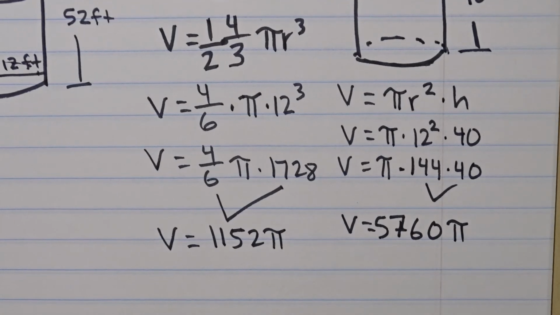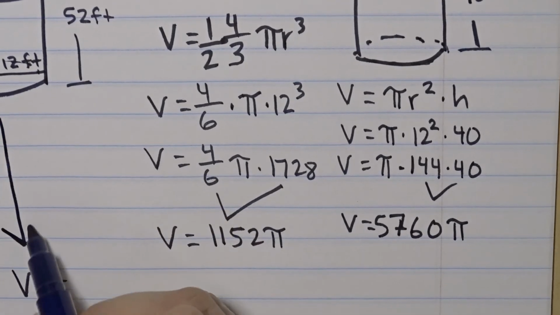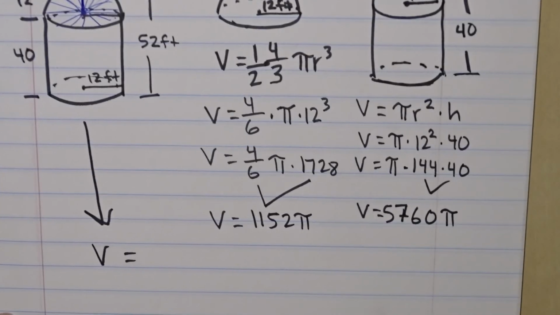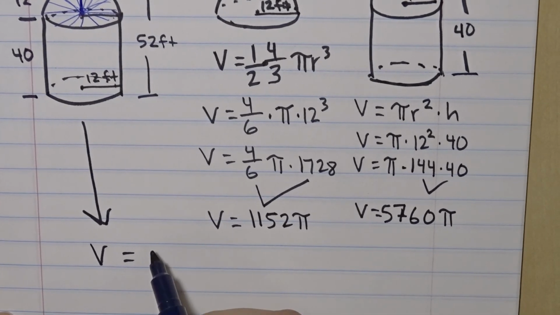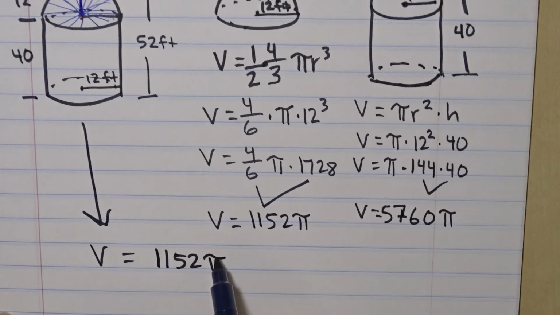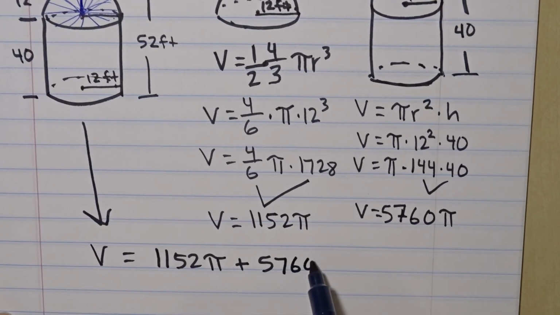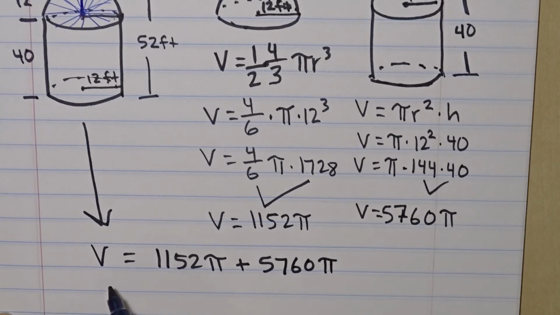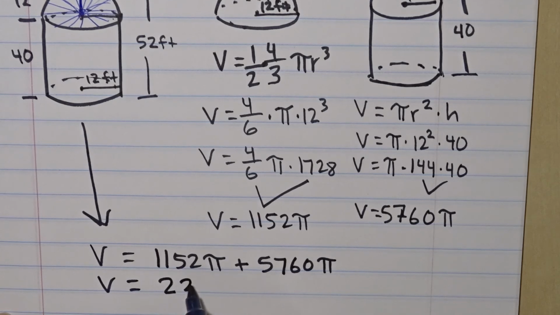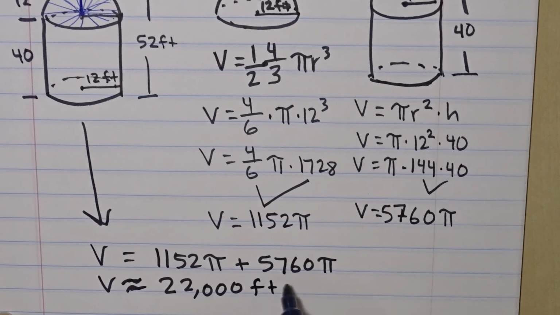And so the final volume of this figure is going to be these two together. So it's 1152 pi plus 5760 pi. So altogether it comes out to be approximately 22,000 cubic feet.